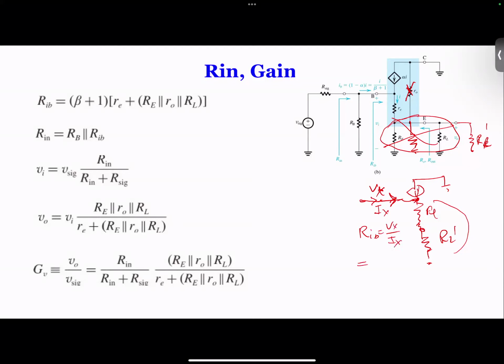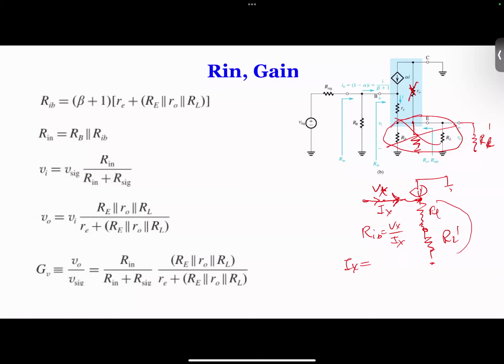The Vx is what I assume, and Ix, of course, is going to be this current minus this current, right?